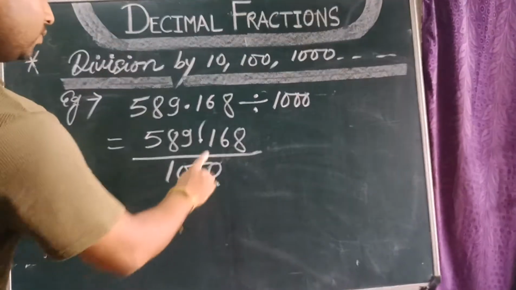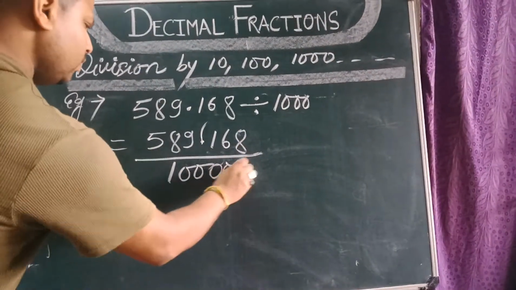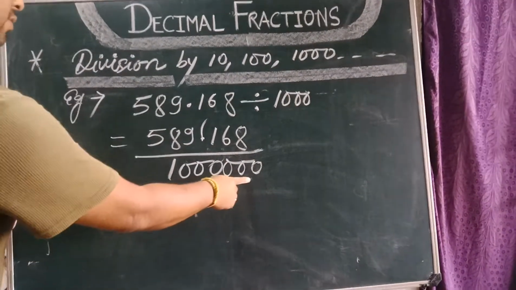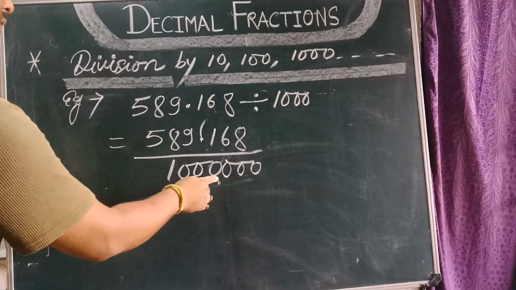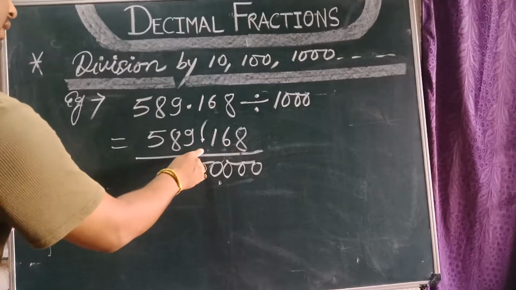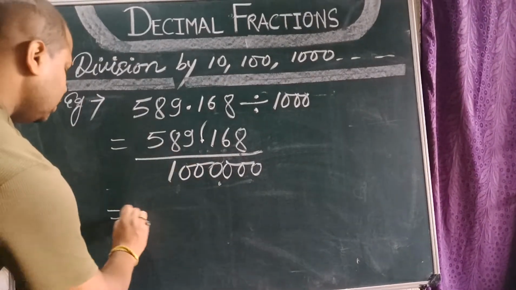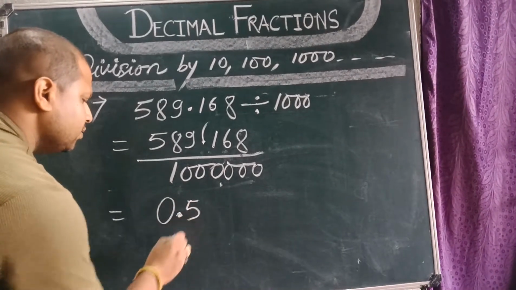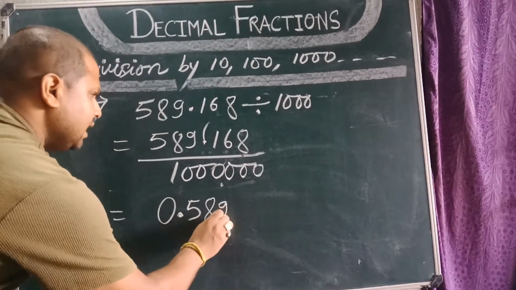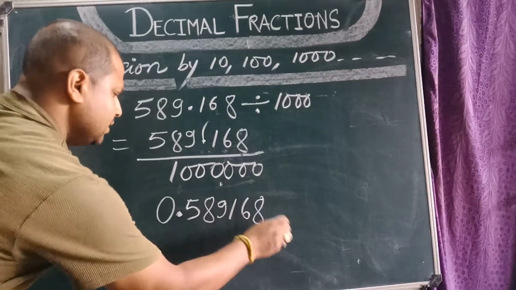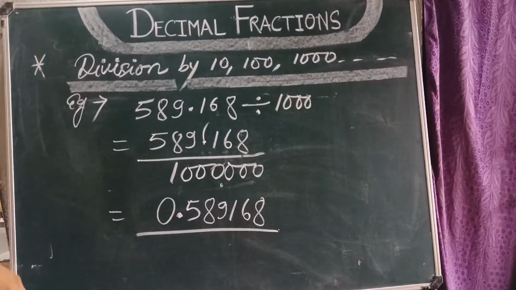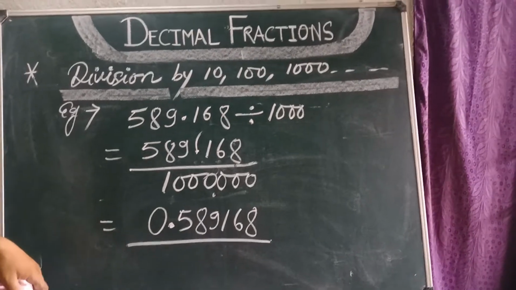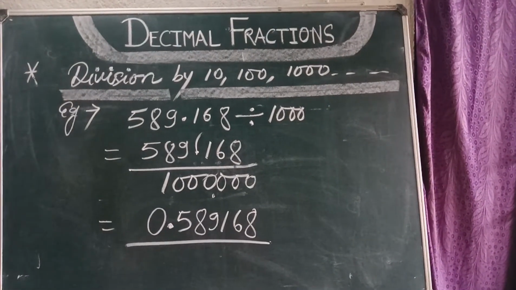Remove this point. 1, 2, 3. Three zeros came down. Now the total number of zeros you can count: 1, 2, 3, 4, 5, 6. So where will the decimal be placed? Just before 5. So 0.589168. Very simple, students. So I hope you have understood this division of a decimal number by 10, 100 and 1000.